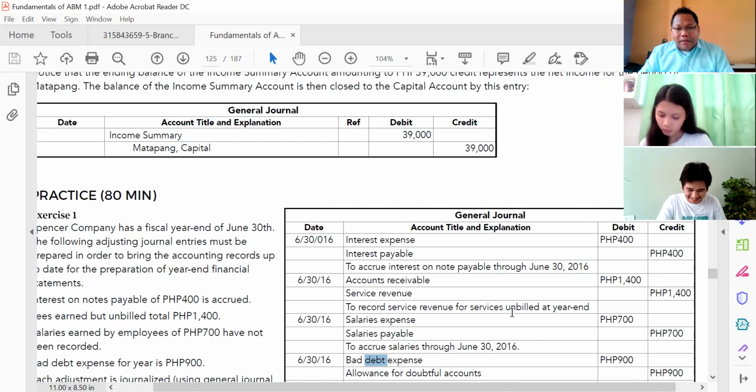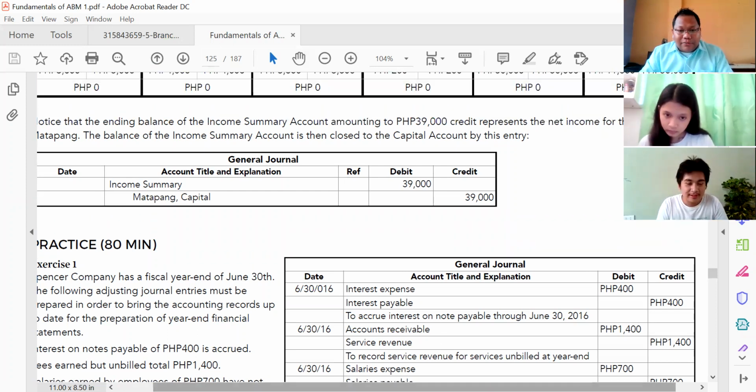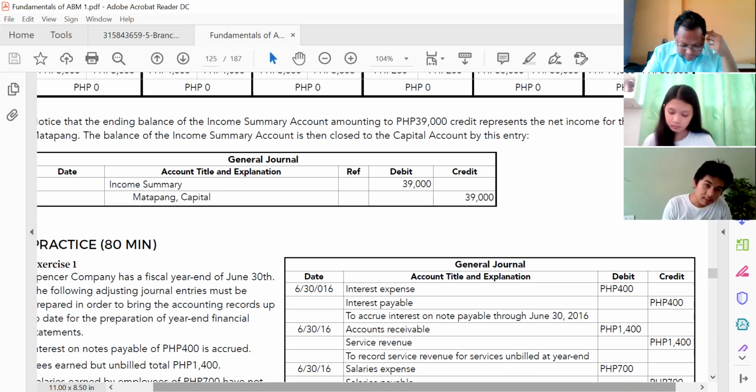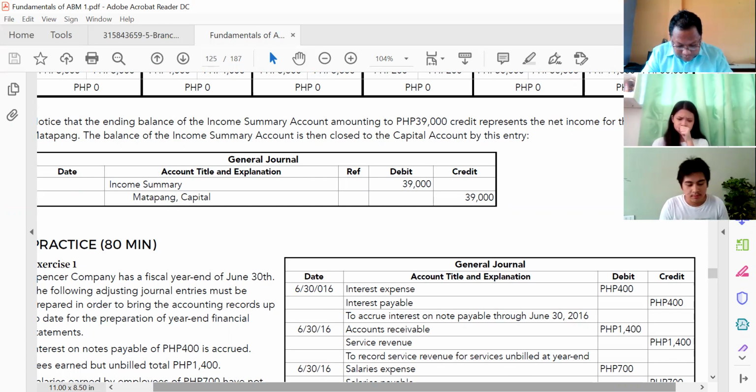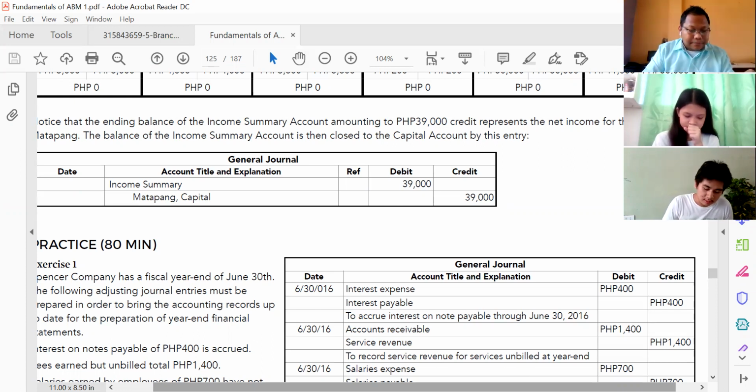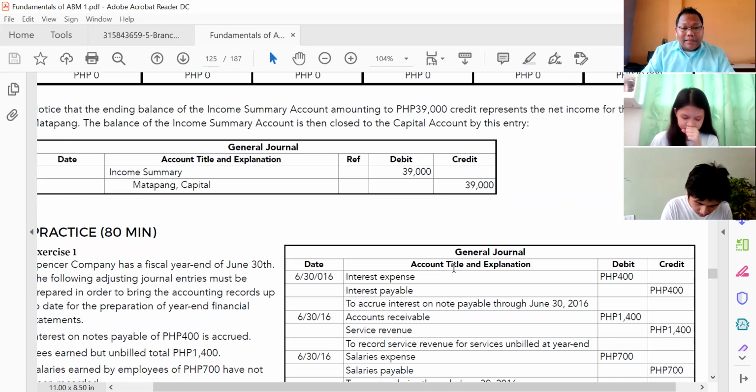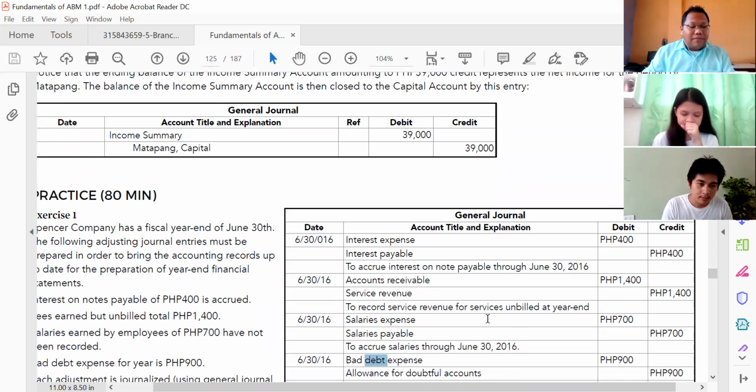Oh, we had doubtful accounts. You look at the number, what adjusting entry is that? It's not mentioned there. Okay. A bad debt is a portion of the entire collectibles.